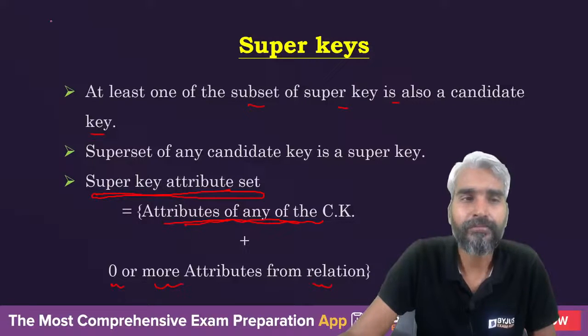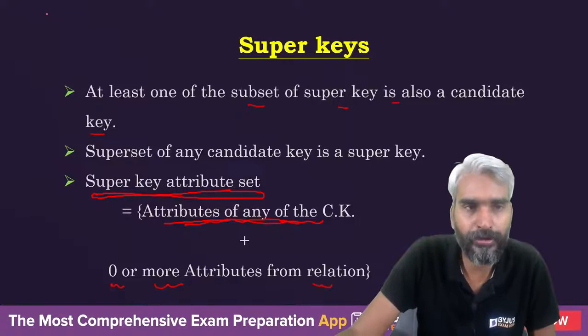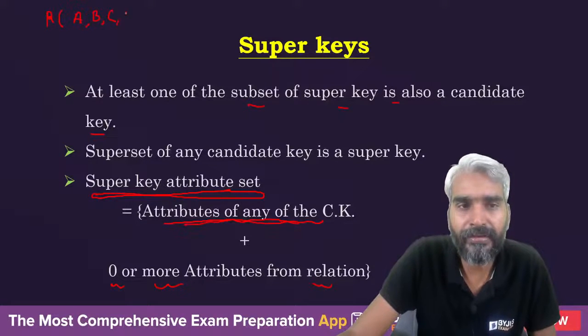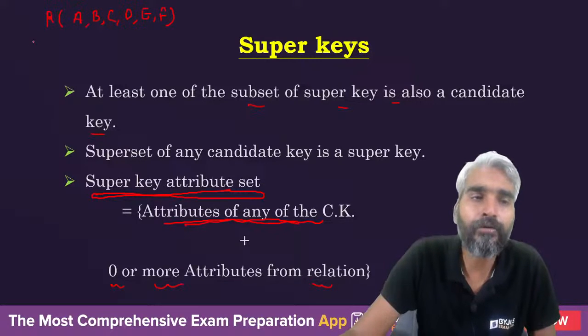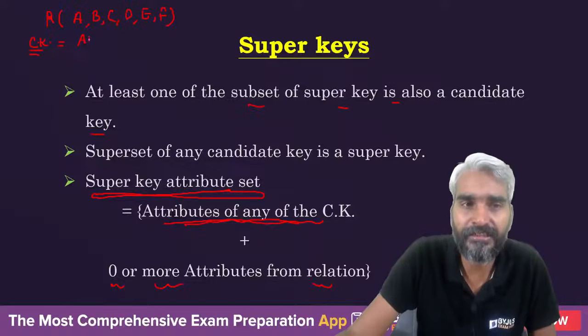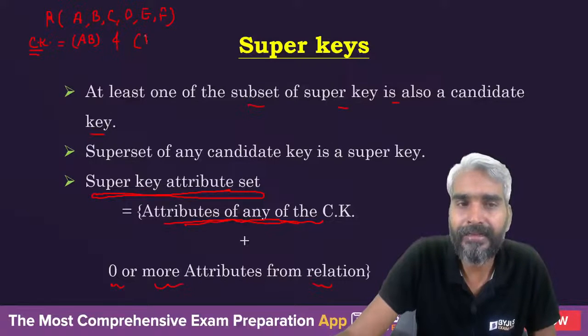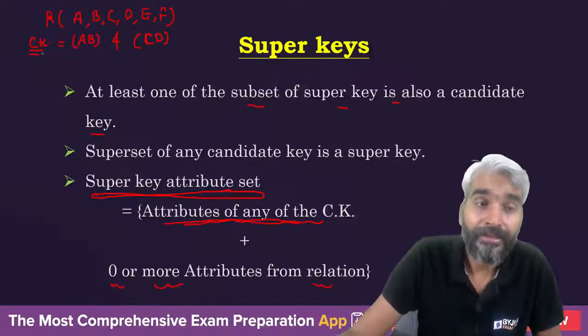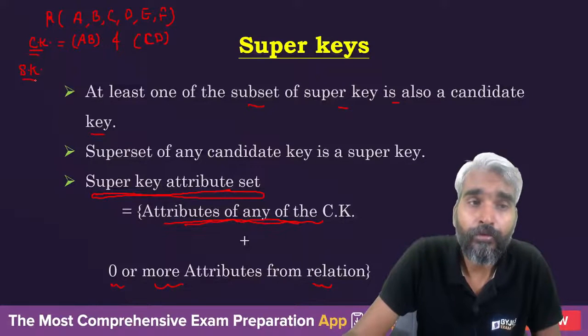So let's look at this. If I have a relation R with attributes A, B, C, D, E, F, and the candidate keys of this relation are, let's assume, AB and another candidate key is CD, then what will be the super keys?